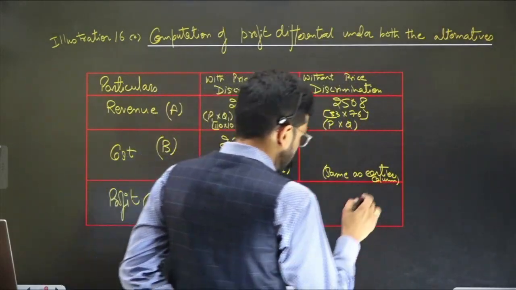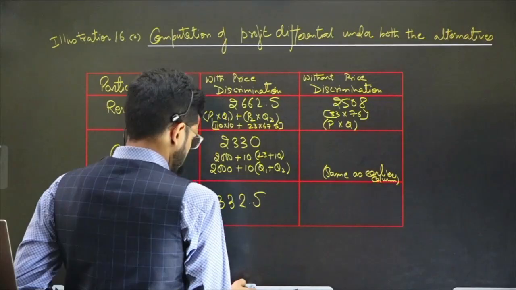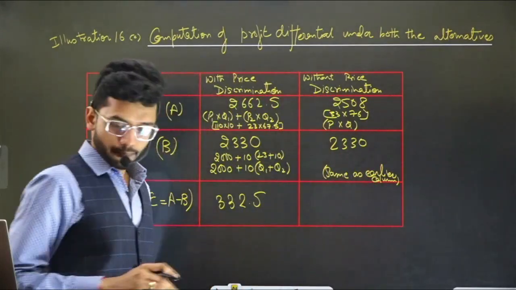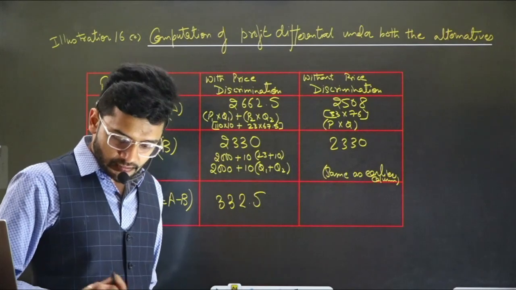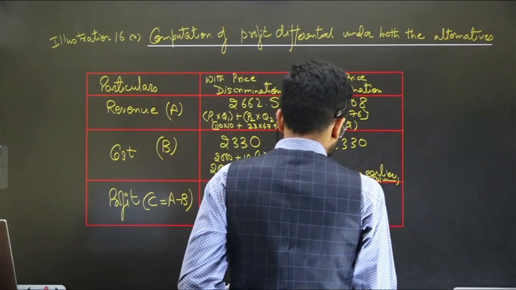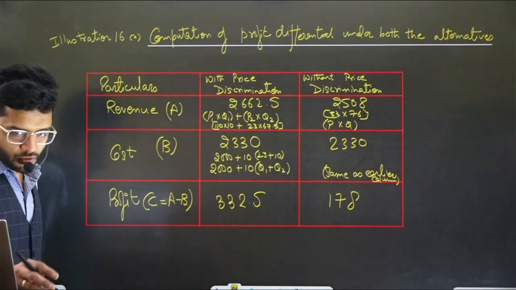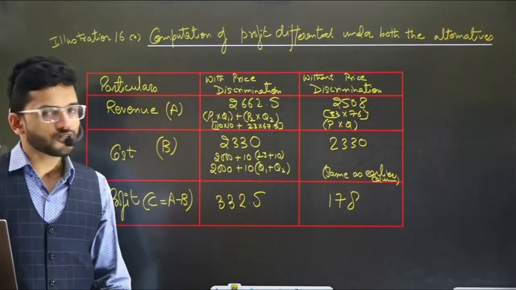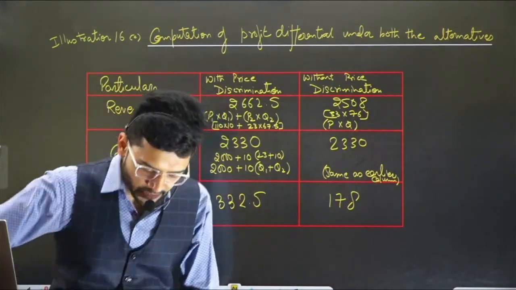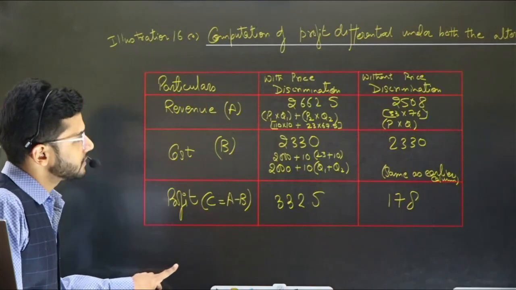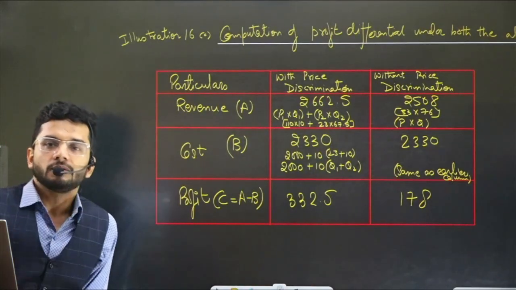It will be 2330. So 2508 minus 2330 gives me a figure of 178. So this is the profit if price discrimination is not adopted, and this is the difference in profit to the monopolist.